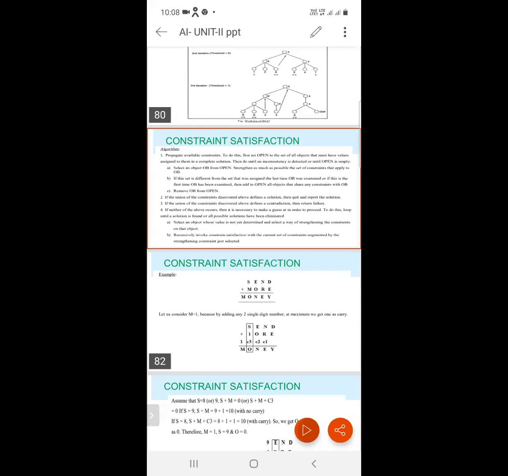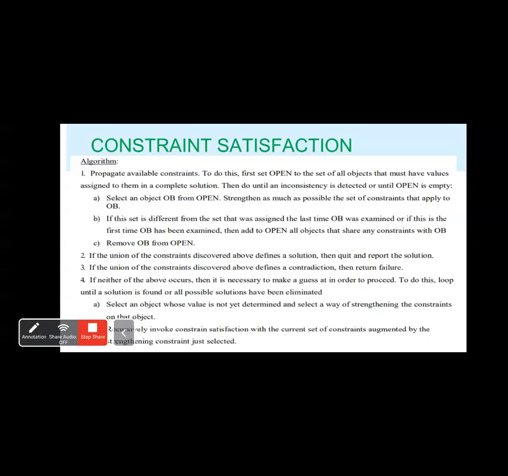Algorithm for constraint satisfaction. Very important. Propagate available constraints to assign them a unique solution.